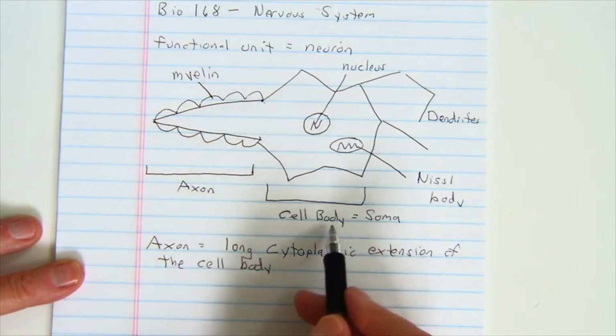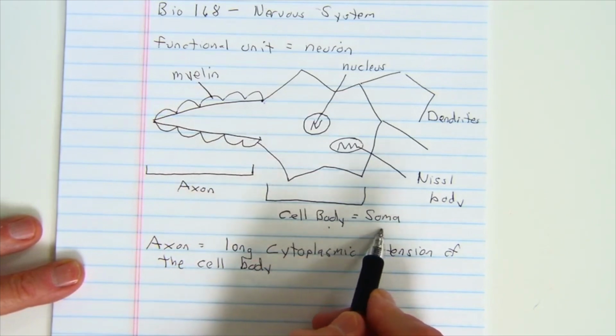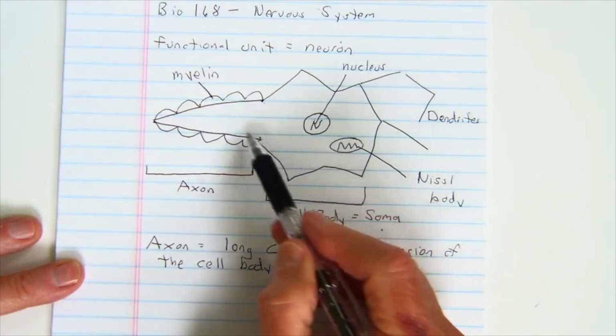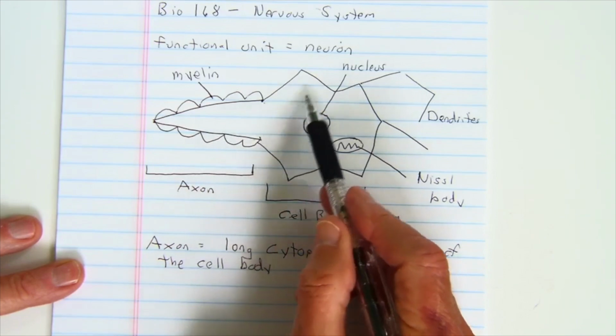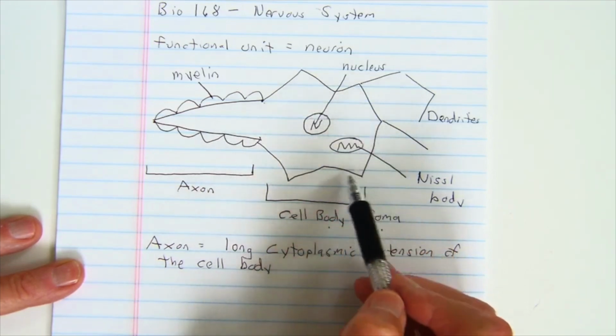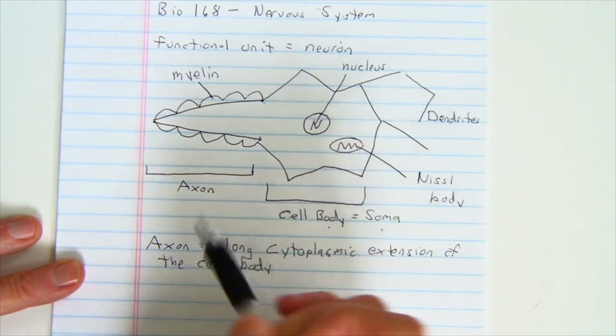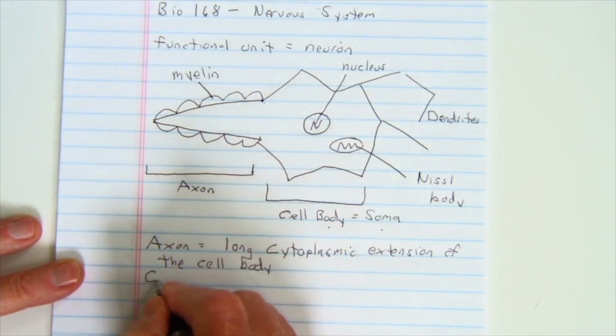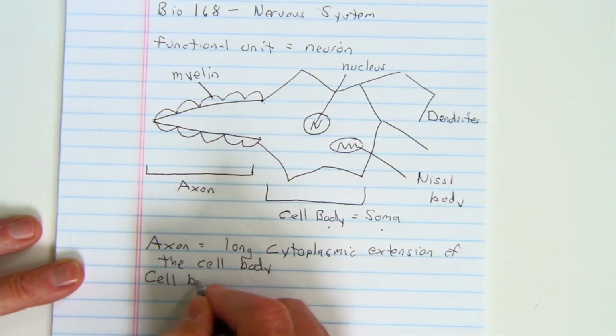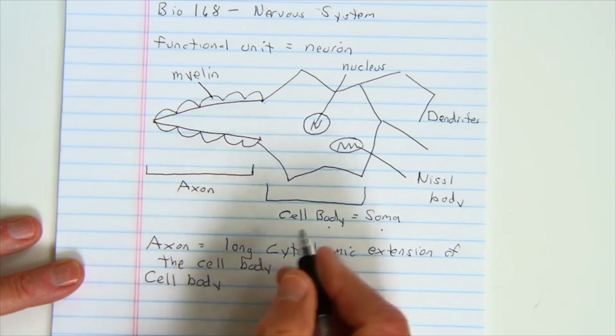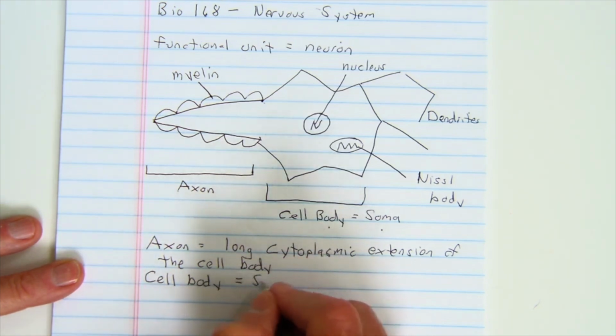And again, the cell body is the soma. So therefore, if you notice, this axon is connected or an extension of this cell body. So that's why we've got the word cell body. Of course, that cell body is also called the soma.